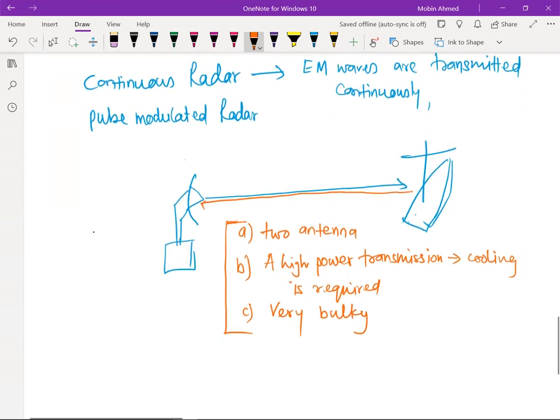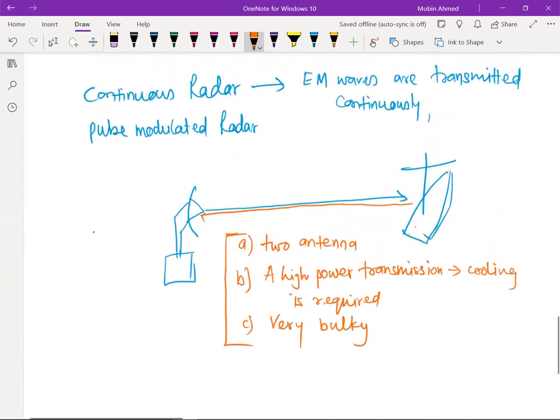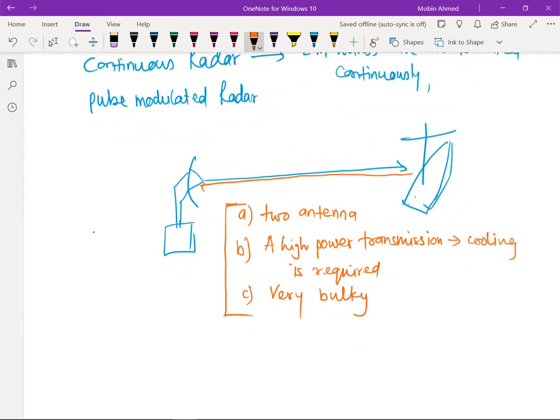In this one, determining the bearing is okay, and it gives the bearing very accurately, but determining the range was a little difficult.